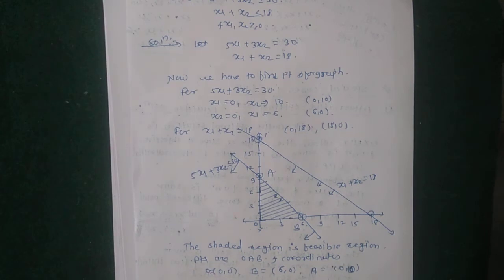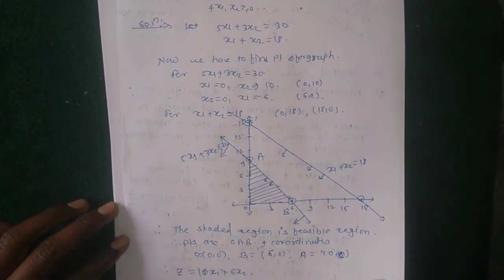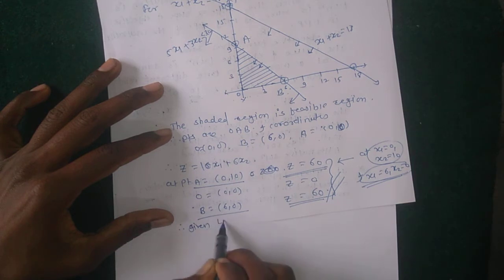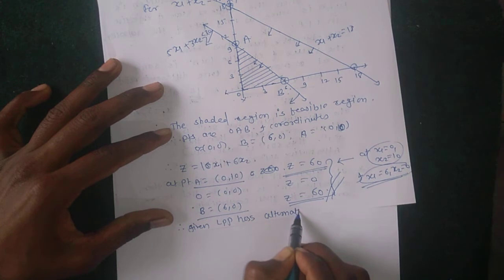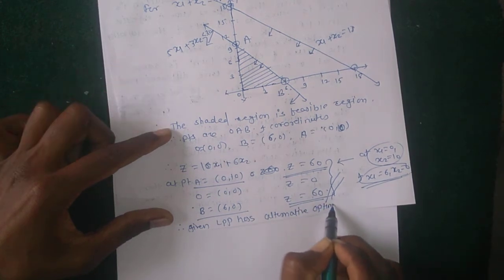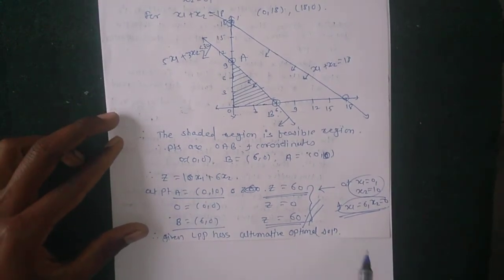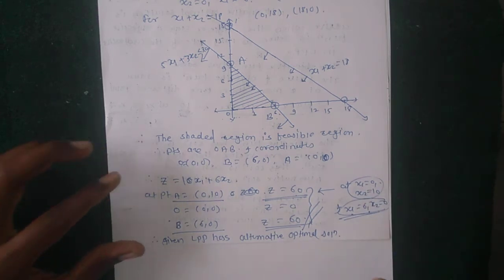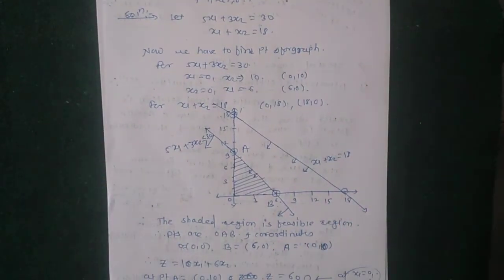The given LPP has an alternative optimal solution, with optimal value 60 at x1 = 0, x2 = 10 and x1 = 6, x2 = 0. In this way we say whether the given LPP has an alternative solution or not.